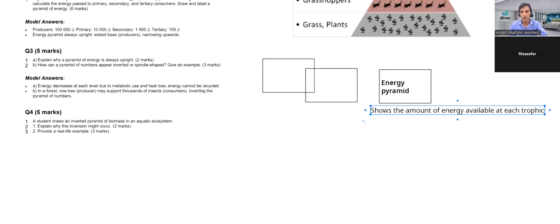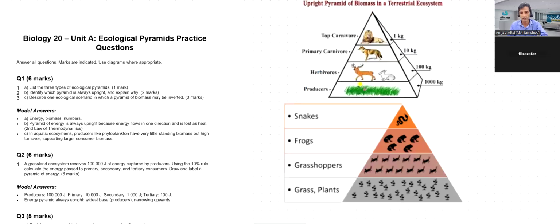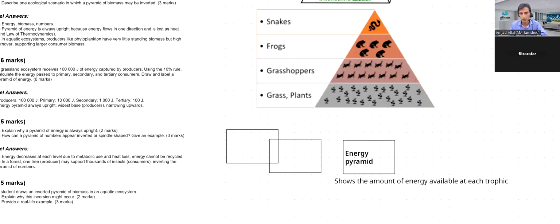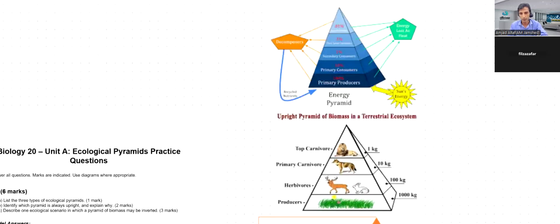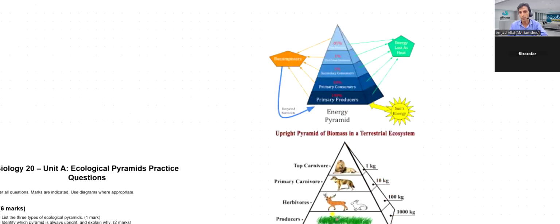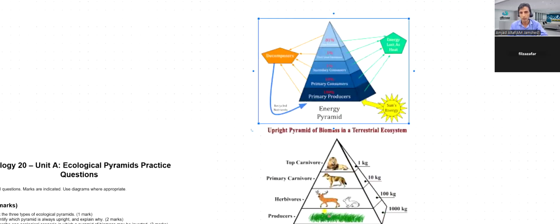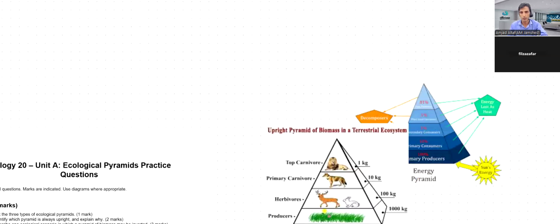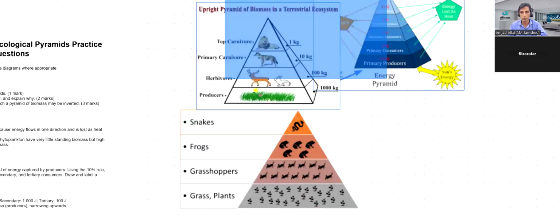So where are those levels? You can see here in the diagram. This one is for numbers, this is for the terrestrial ecosystem, and this is for the pyramid of energy. Let me put this a bit down so that you can easily compare it.